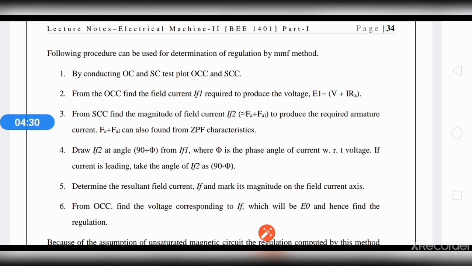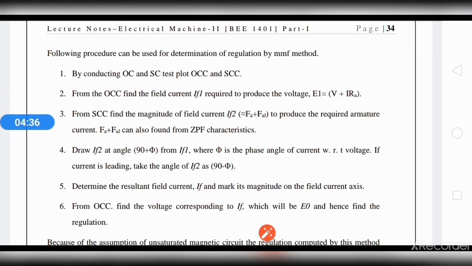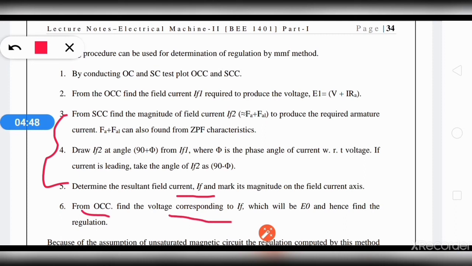So the major work is done by these 4 steps. First we find IF, then from the OCC we find the E0 corresponding to IF. So our major work is to find IF.